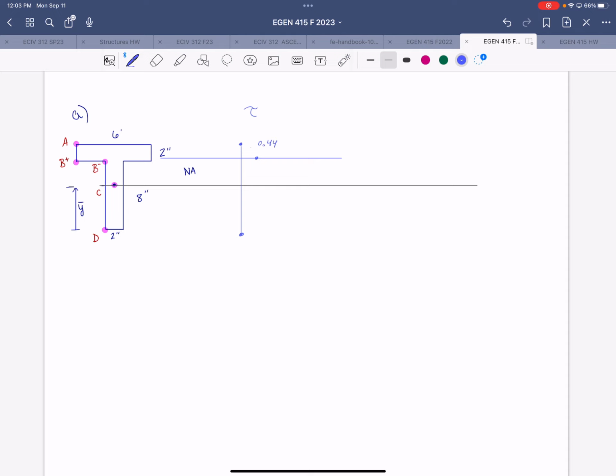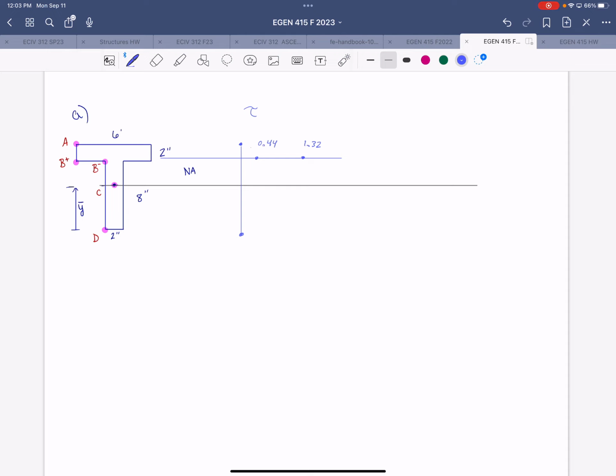And then that represents the outer edge or the bottom edge of the flange. And then once we get to the inside corner and we have less thickness, that shear stress jumps to 1.32.